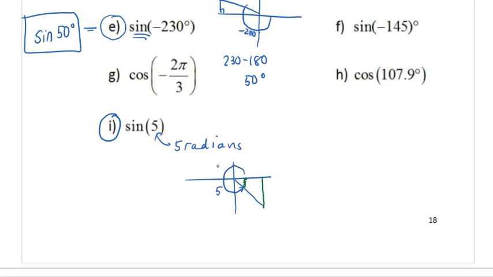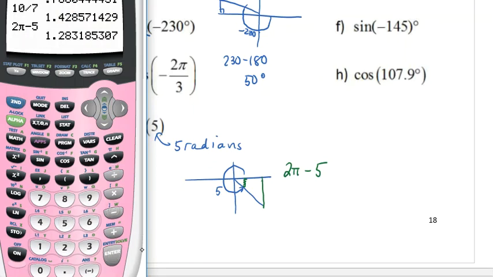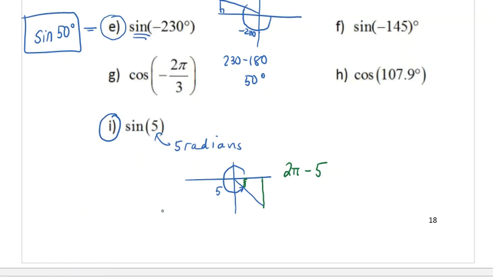So again, if I was doing it in degrees, I'd do 360, but since I'm not, I'm going to do 2 pi minus 5. 2 pi minus 5 is going to be about 1.28. Okay. So in this quadrant, we have a positive x and a negative y. So this is going to be negative sine of about 1.28.